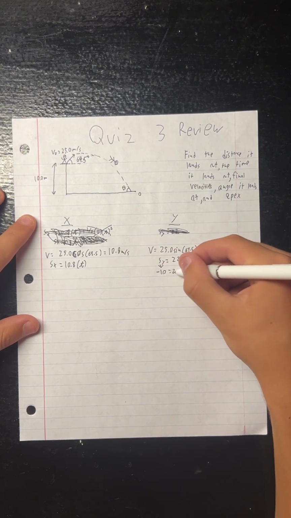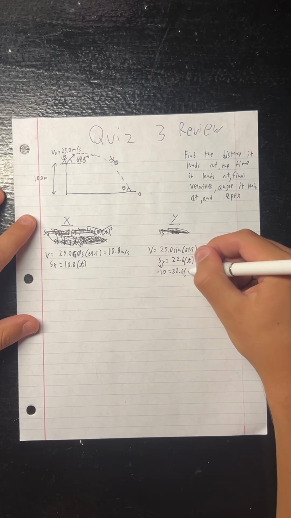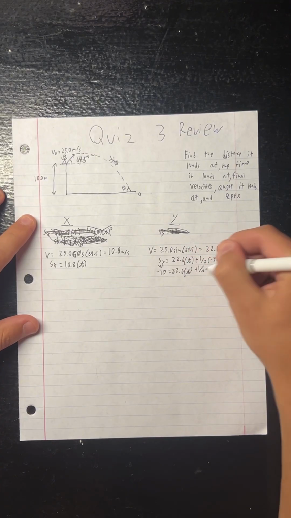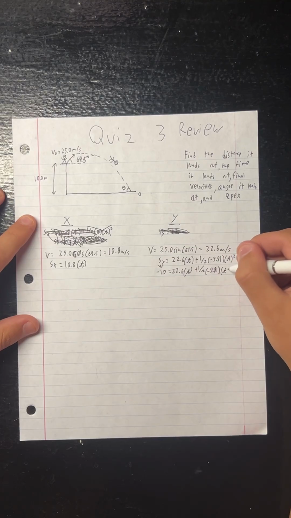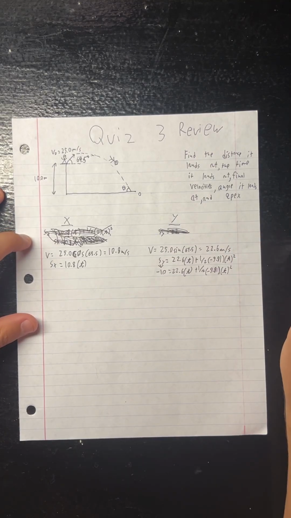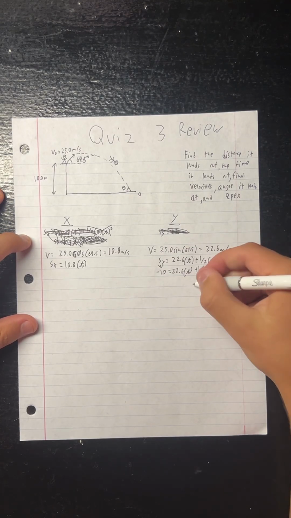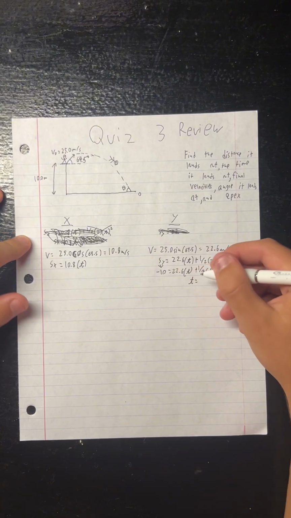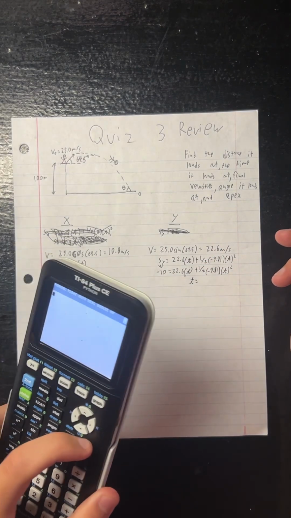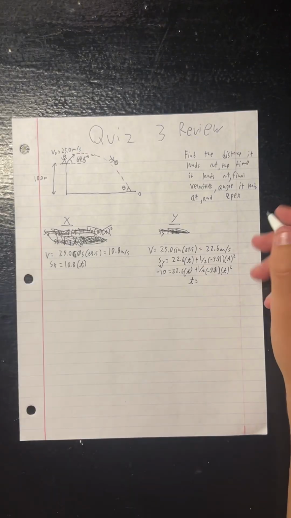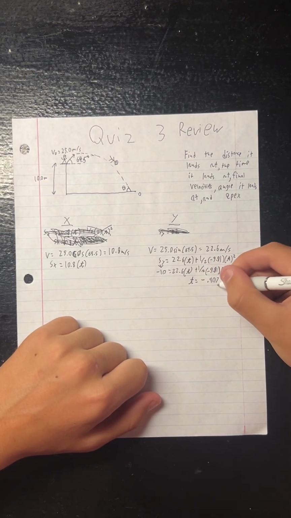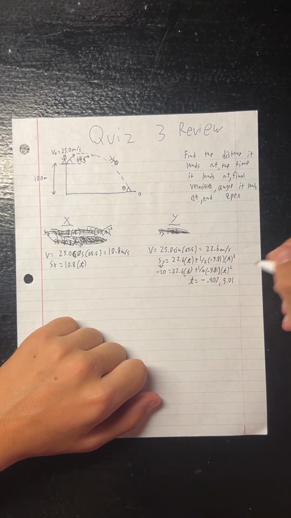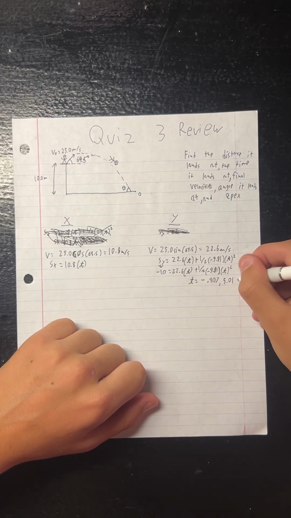So negative 10 equals 22.6 t plus 1/2 negative 9.81 times t squared. We can solve for t with a numeric solver, and I won't waste your time doing that. It comes out to negative 0.407 and 5.01, and this time unit is in seconds.